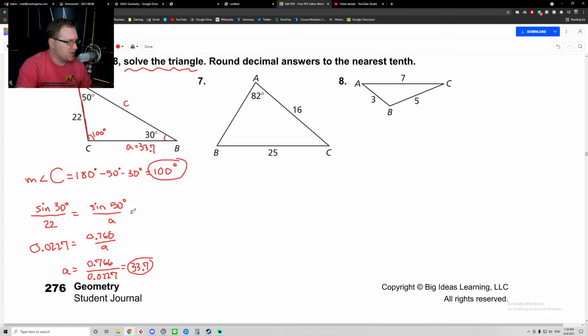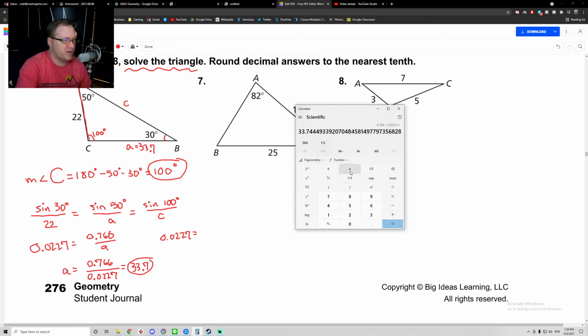This is going to equal the sine of 100 divided by C. We already did this, we know this is 0.0227. So 0.0227 equals the sine of 100 over C.